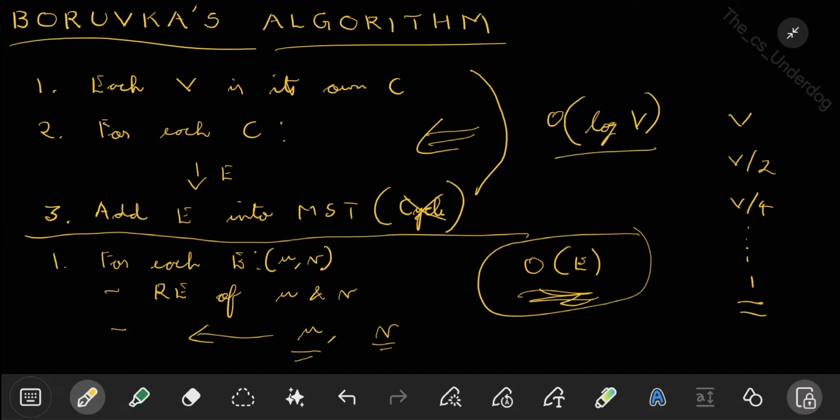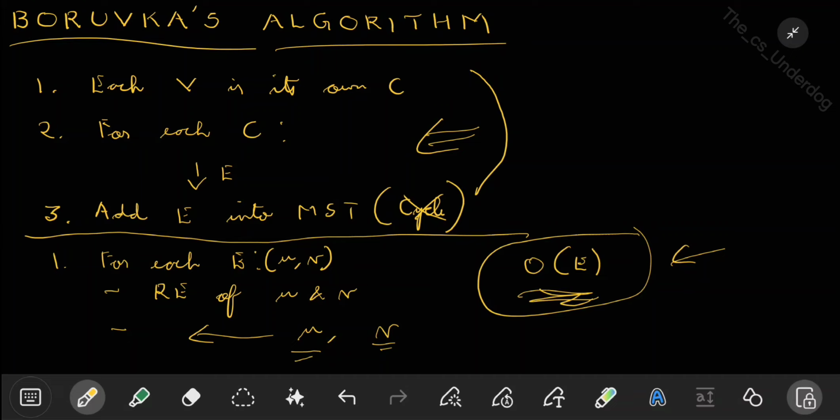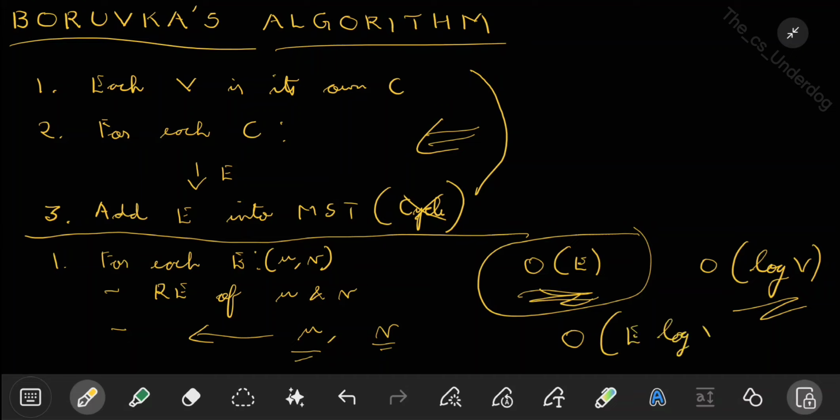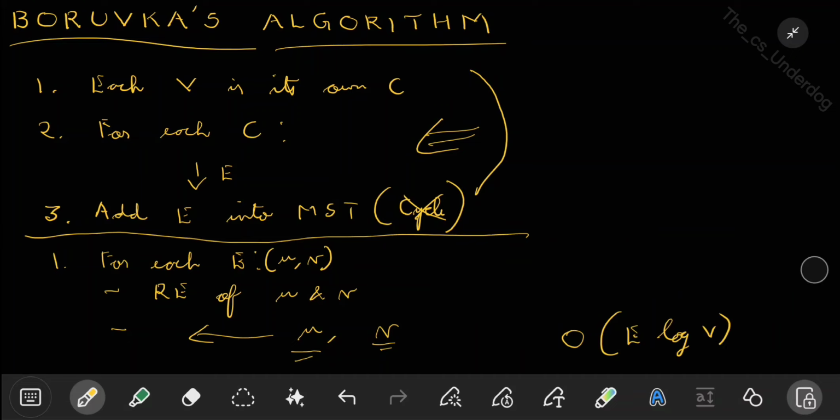What is the importance of reaching one component? Whenever you have only one component, you have already found the MST, and this is where the algorithm stops. So order of E is the time taken for each phase, and you may have a maximum of order of log V phases, which means the total time complexity is order of E into log V. So order of E log V is the time complexity of Boruvka's algorithm.